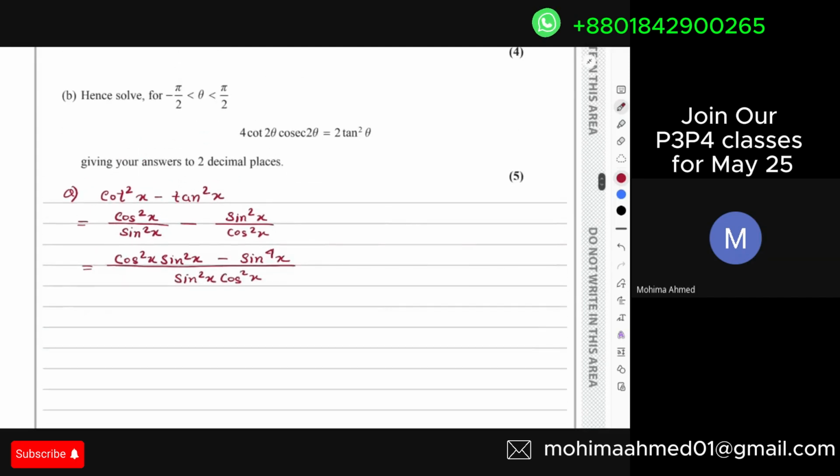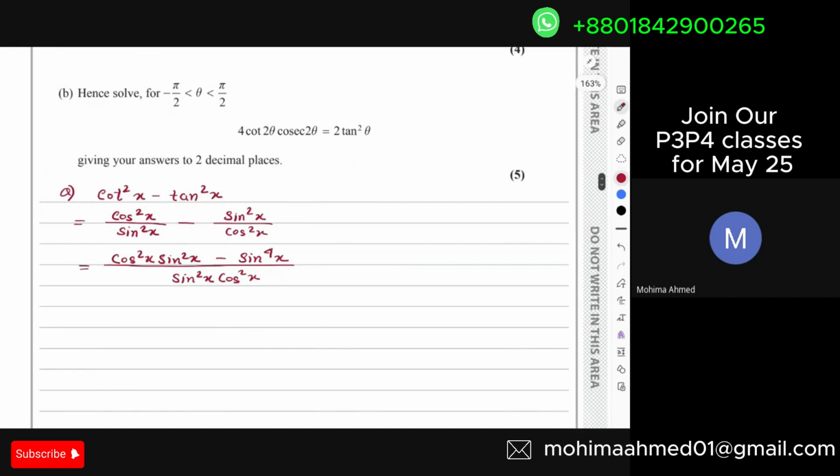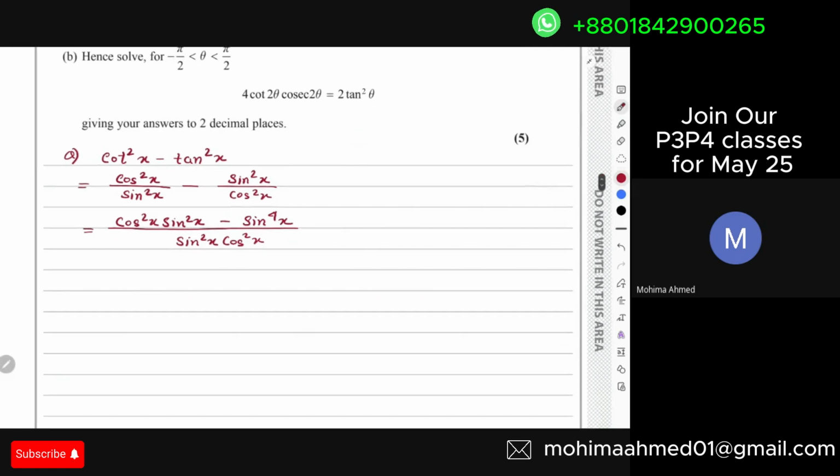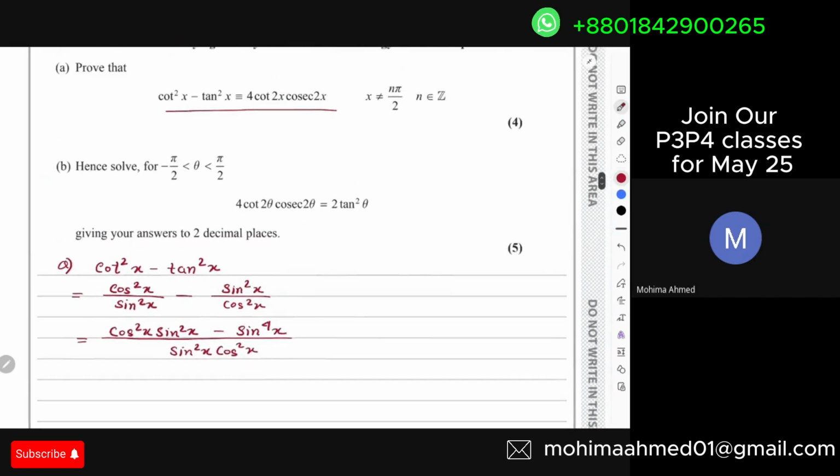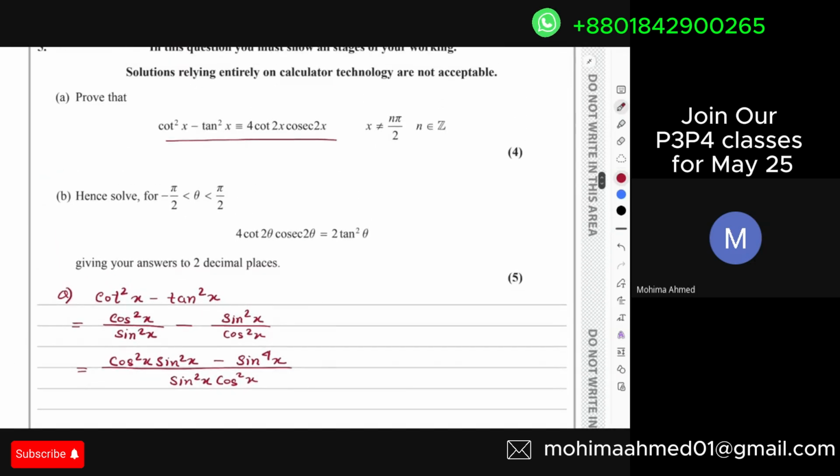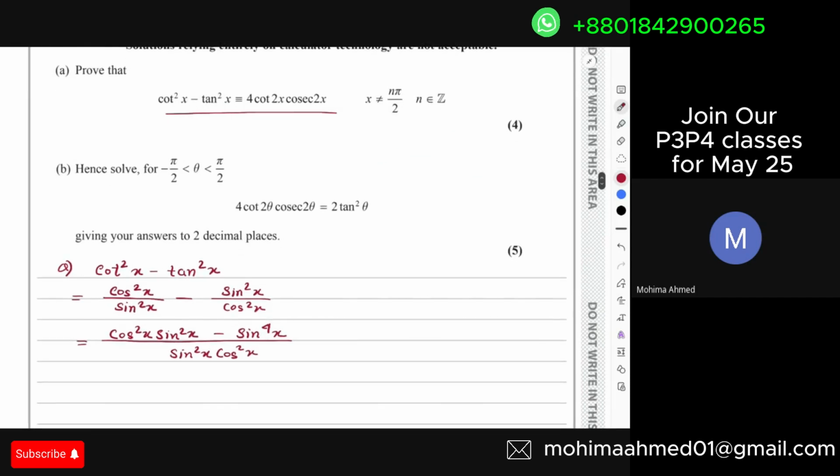Okay, sorry. So for this part, we have cos square x, sine square x minus sine power 4 divided by cos square x and sine square x, right? If I now split this down, we are going to have 1 minus sine power 4 over sine square x cos square x. That doesn't give you anything. I'm supposed to work with 2 cos x and cosec 2x and cot 2x.